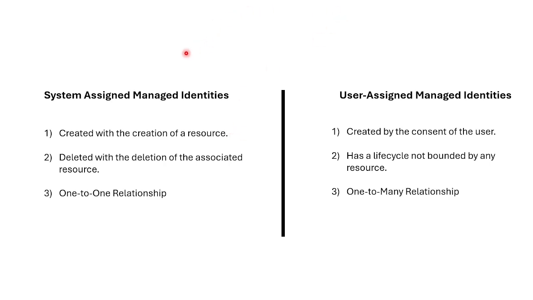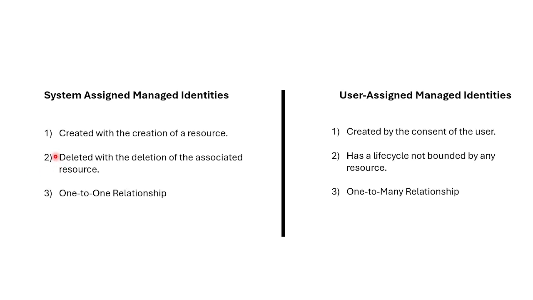So there are two types of managed identities. One is your system assigned managed identity, and the second one is a user assigned managed identity. A system assigned managed identity is created with the creation of a resource, whereas a user assigned managed identity is created explicitly by the user, on behalf of the user's consent. Because a system assigned identity is created with the creation of a resource, its lifecycle is attached to the lifecycle of the resource.